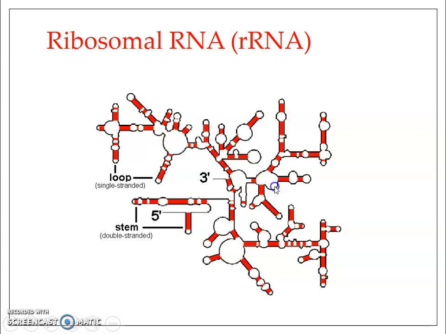Here you can see that because of the complementary sequences on these two strands, it has taken up intramolecular base pairing, and it has resulted in the formation of a stem. But on the other hand, over here it is still unpaired single stranded loops or bubbles. So this is the secondary structure of ribosomal RNA.